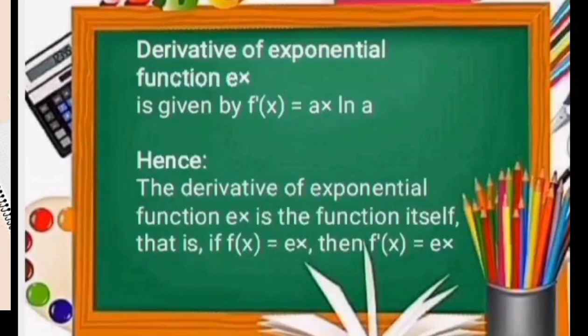Derivative of exponential function e^x. Now that we know the derivative of exponential function is given by f'(x) equals a^x ln a, the derivative of exponential function e^x using the same formula is given by e^x ln e equals e^x because ln e equals 1.